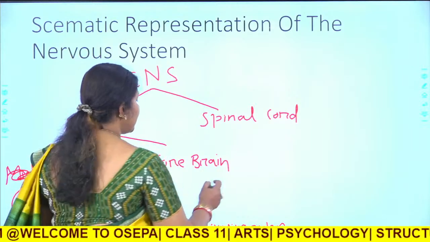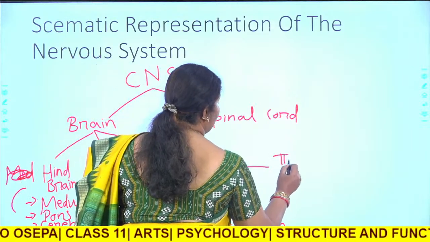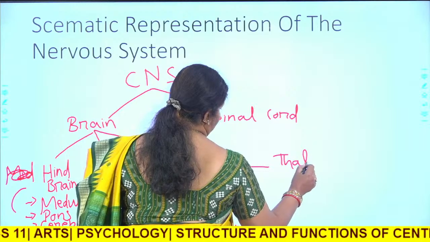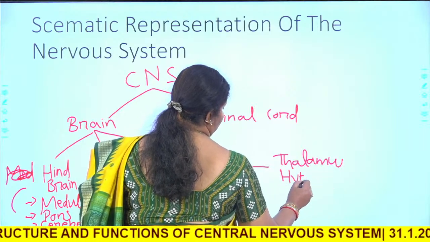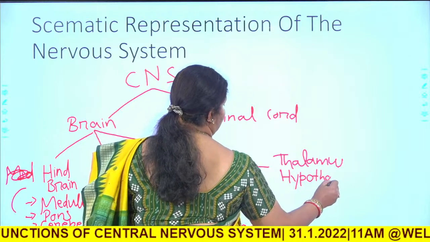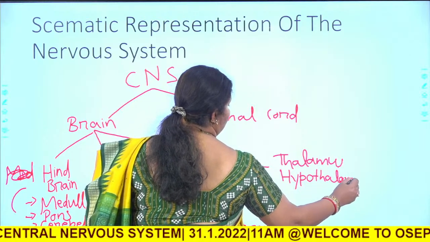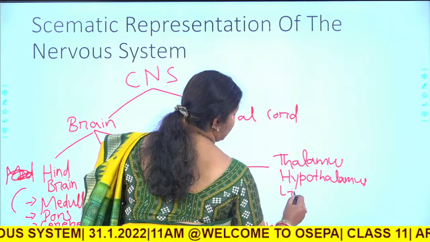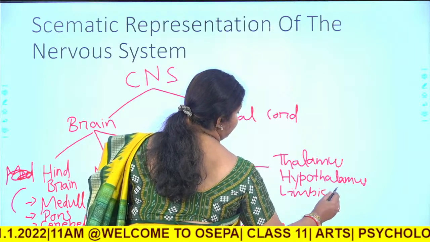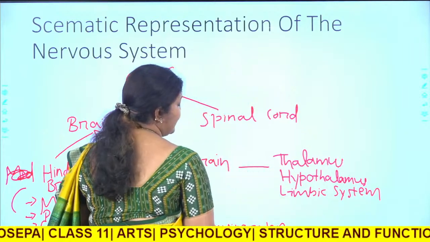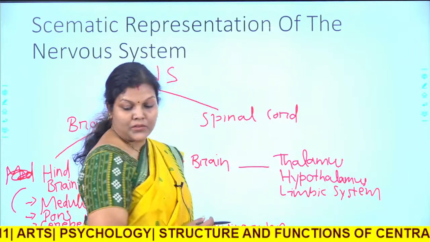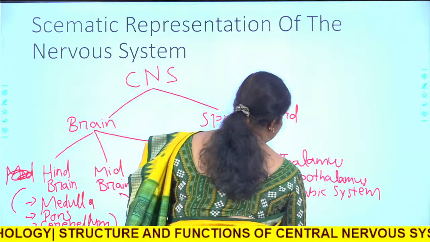They are thalamus, hypothalamus, limbic system, and the cerebral cortex or cerebrum.